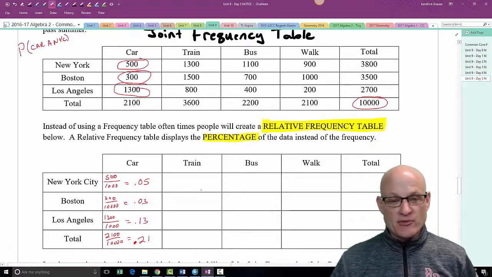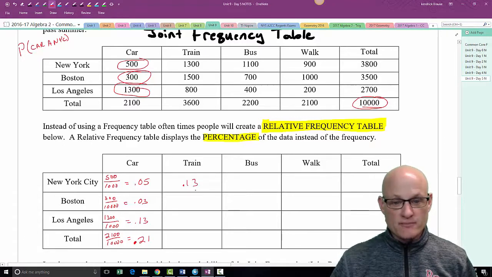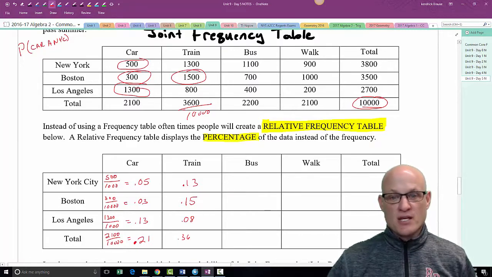Now the reason I said I was nice to you is because now all I got to do is move the decimal 4 places. 0.13. 0.15, right? 1,500 over 10,000. 3,600 over 10,000, which would be just 0.36. 1,100 over 10,000 is 0.11. This would be 0.07. 0.04.